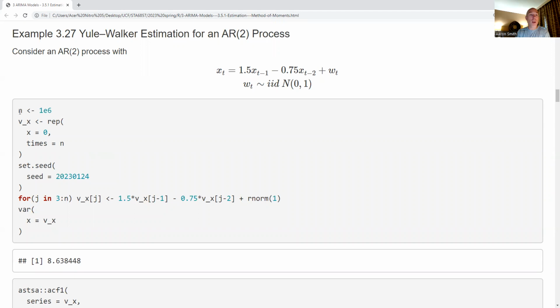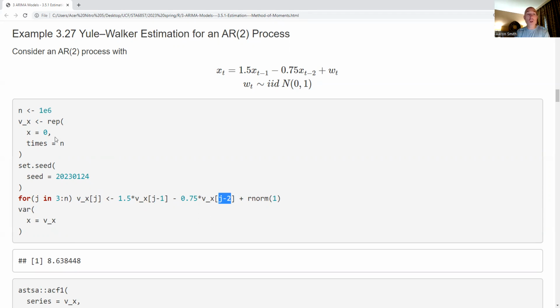All right, so let's run through the example. Here, I'm just setting up my observed data sample size. Here, v sub x is going to be the vector holding the x values. Here, I'm setting a seed, so I can repeat this later down the road. And now I'm going through the process of taking the previous values and getting the values I want for the next one.